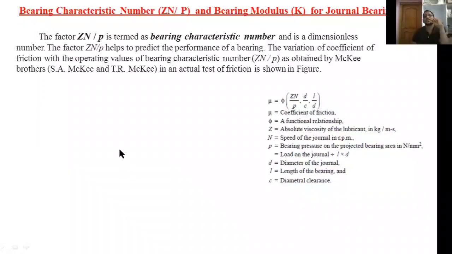The factor ZN by P is termed the bearing characteristic number, and it is a dimensionless number. That means there are no units for the bearing characteristic number.